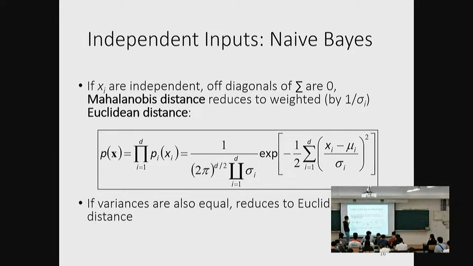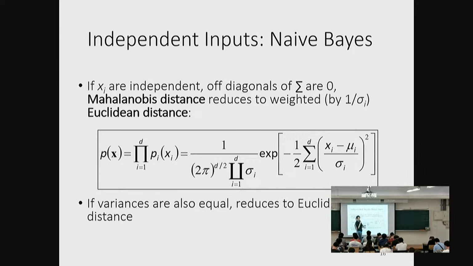If your xi's are independent and the off-diagonal entries of the covariance matrix are 0, the Mahalanobis distance used in a Gaussian distribution now becomes just the Euclidean distance weighted by 1 over sigma i, where i indicates the feature dimension. So again, your P of x is essentially just this form. Of course, you can make further assumptions, saying every feature has the same variance.